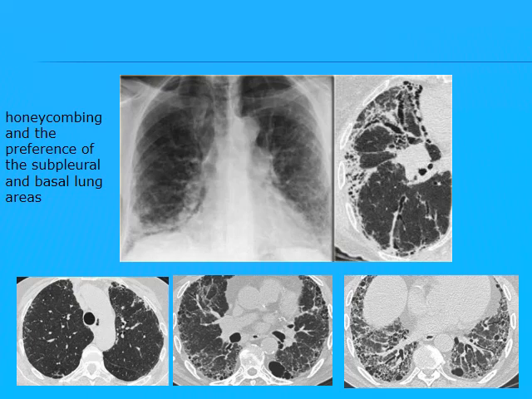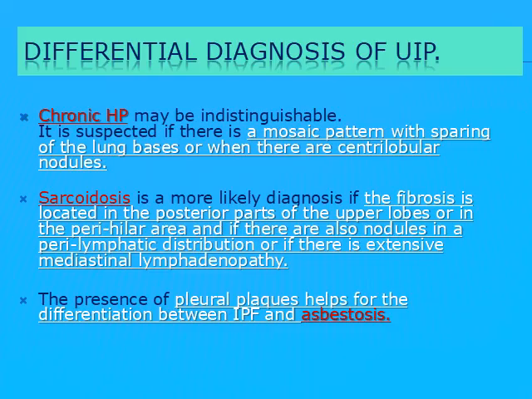Again, you can see this in early stage, more advanced stage, honeycombing. Sometimes there is enlargement of the cysts of honeycombing. You can see areas of ground glass opacities as well as intralobular septal thickening, which is a sign of lung fibrosis. So these are the very characteristic features of UIP pattern.